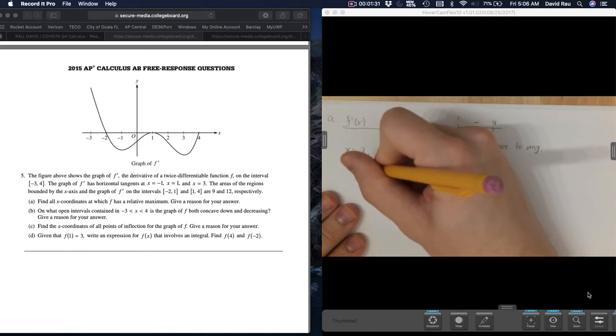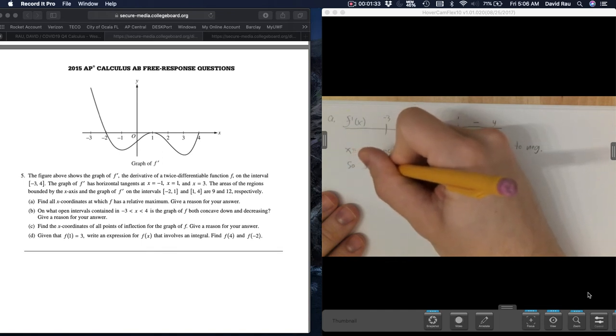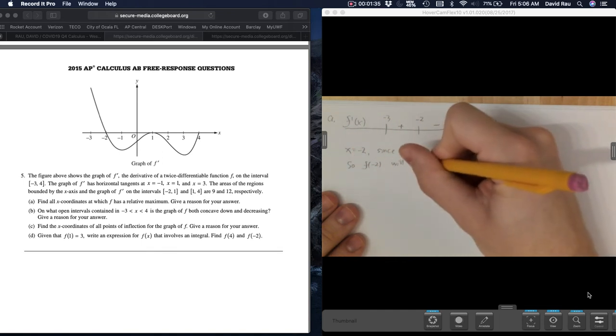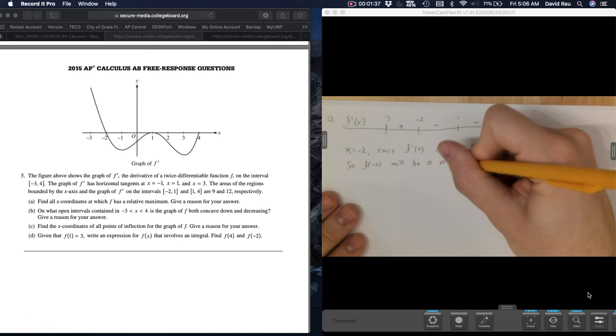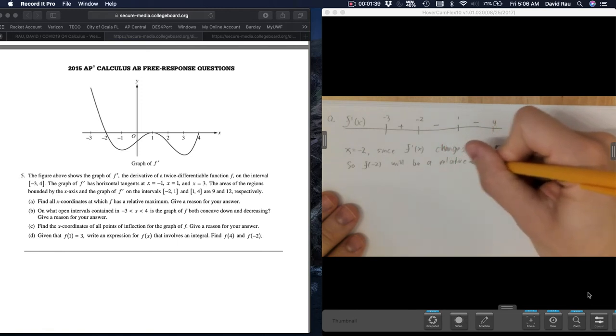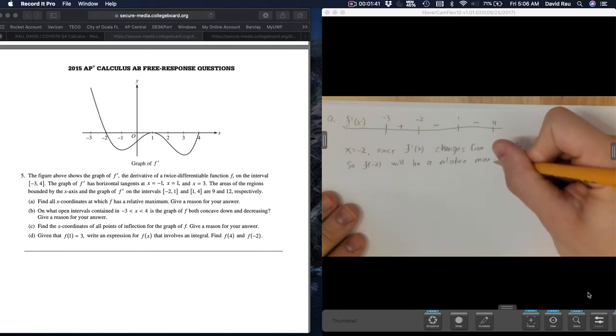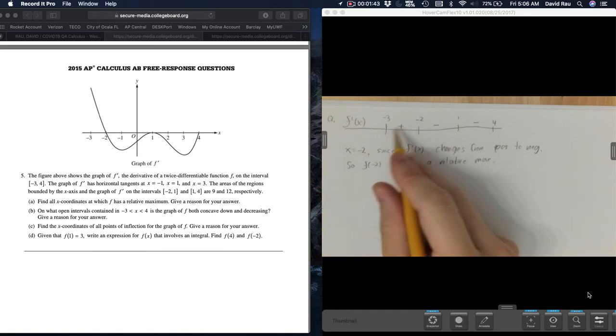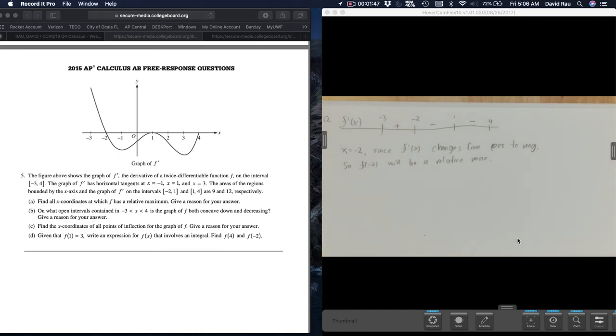So I'll just say, so f of -2 will be a relative max, right? So it's based on the fact that you're looking at f prime of x. Now again, it's where is this graph above and below, and then you're doing that analysis.